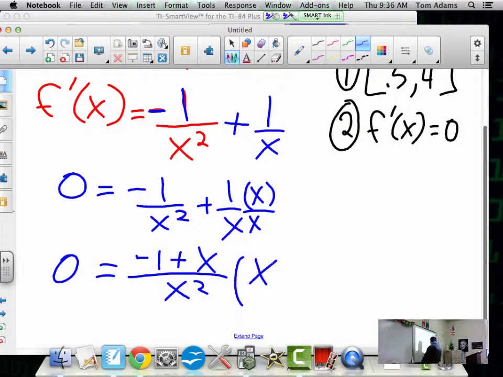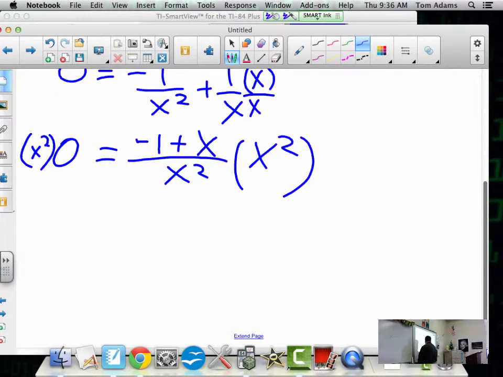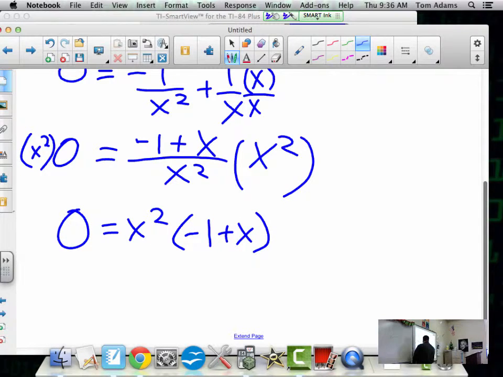So if I say x squared times x squared, because if you multiply by x squared, then it just stays 0. So 0 is equal to x squared times negative 1 plus x. So now we've got to take these and set them equal to 0, right? So I say x squared is equal to 0, and then negative 1 plus x. Wait, why? Wait.